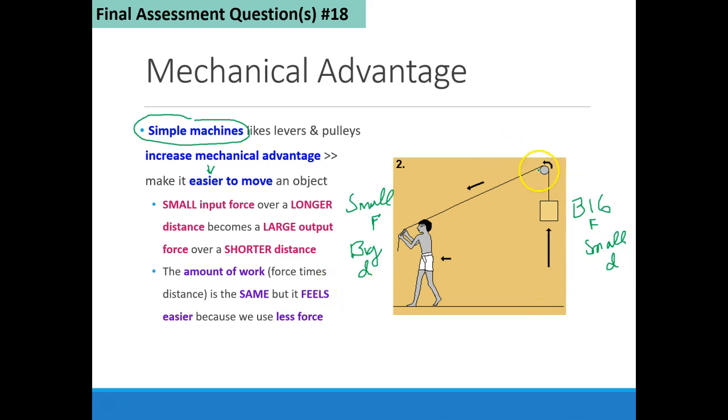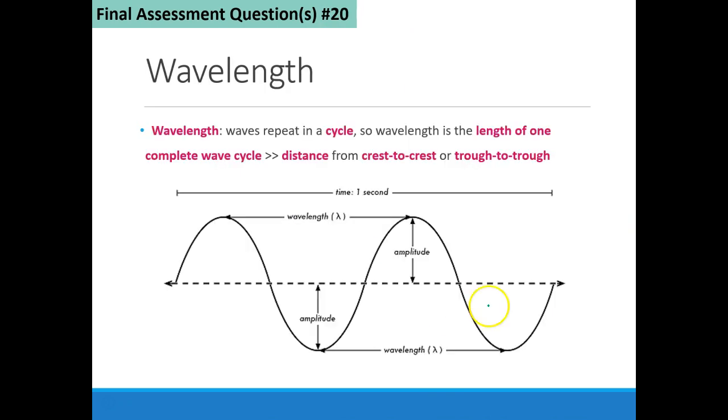So that's what simple machines do. They kind of switch the story up. And the result is that even though we do the same amount of work, it feels much easier because we get to use less force on this side. So using less force means that we increase our mechanical advantage. We make it easier to move. This is question number 18. Make sure you answer that and save it.